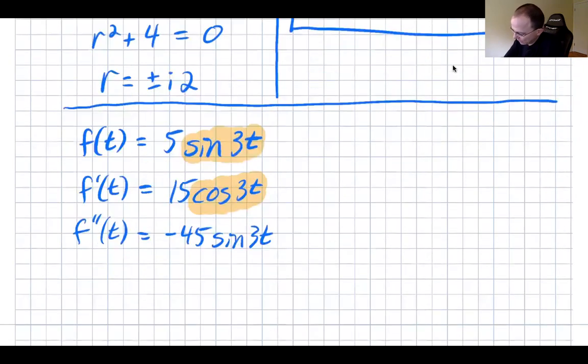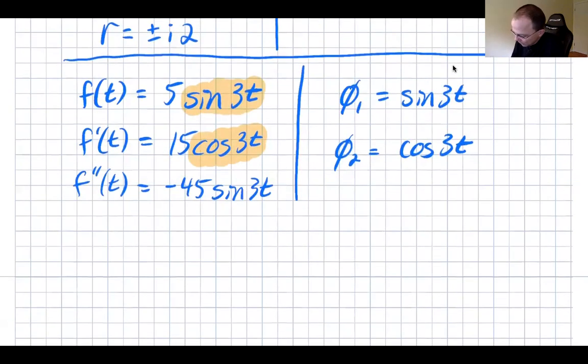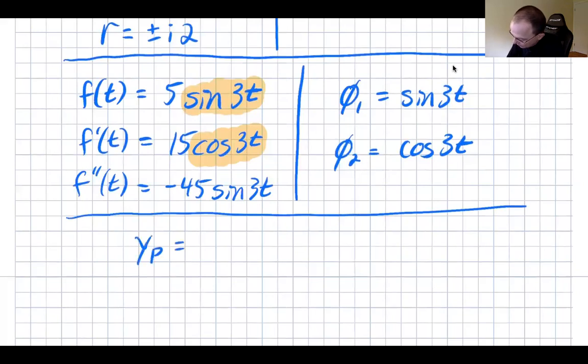We can take phi 1 to be sine 3t and phi 2 to be cosine 3t. Therefore the form of our particular solution will be a sine 3t plus b cosine 3t.